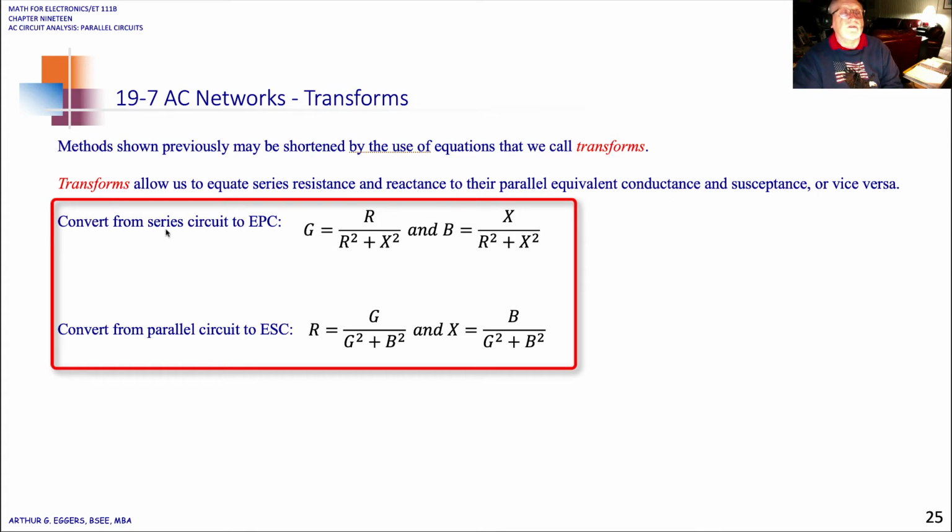So if we want to convert from a series circuit to a parallel circuit, we use these forms where we have the conductance and the susceptance. Okay? If we want to convert from parallel to series, we use the resistance and the reactance.